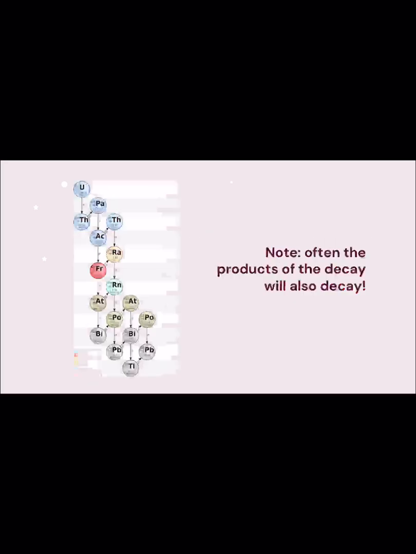I want you to note that when something decays, often the products of that decay will also decay, and that will make a kind of decay chain. So we can't just look at half-life.